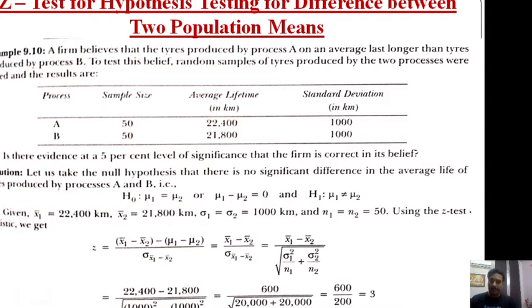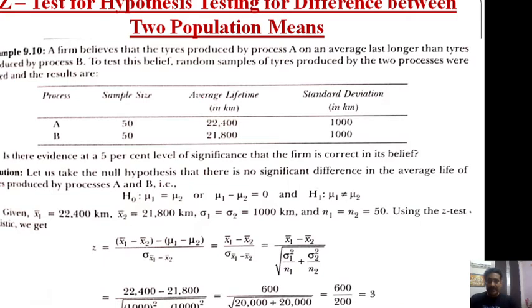So here in the example, a firm believes that the tires produced by process A on an average last longer than tires produced by process B. To test this belief, random samples of tires produced by the two processes were tested.